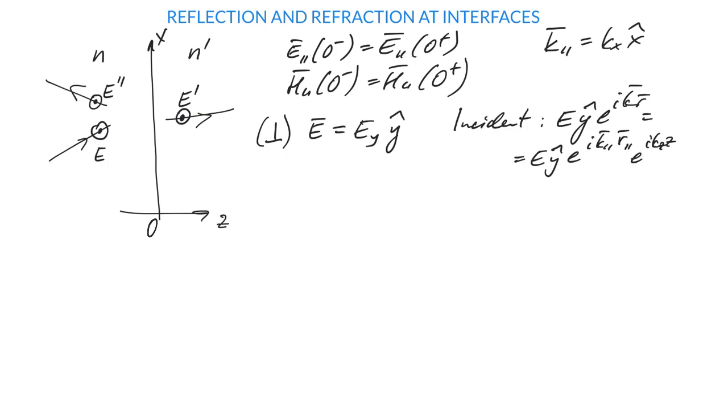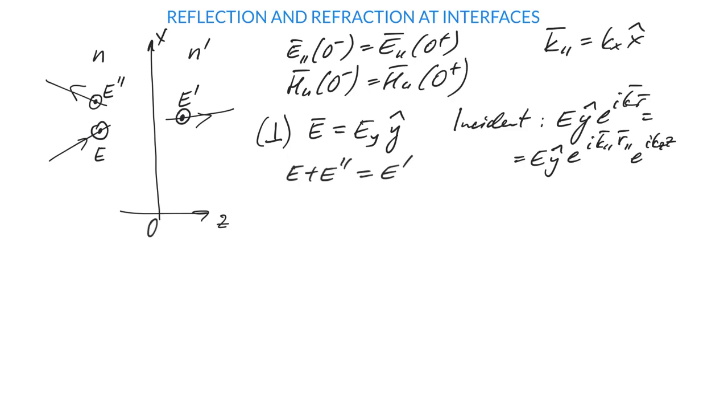So the matching is done at the interface, and at the interface, this exponent is equal to 1. So the matching for the electric fields looks explicitly as E plus E double prime equals E prime. This is the only tangential component for the electric field. Now, what about the magnetic field?